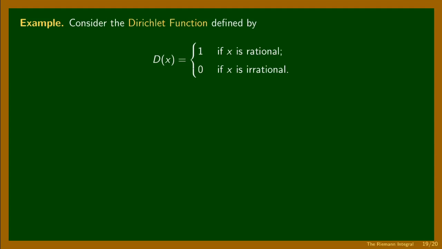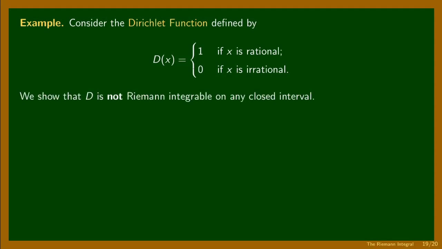Sa example na to, meron tayong dalawang facts na gagamitin. Tinatawag nating density property for the rationals and irrational. Dapat alam nyo na sa gitna ng kahit anong dalawang real number ay may rational. At sa gitna ng kahit na anong dalawang real number, laging meron ding irrational.